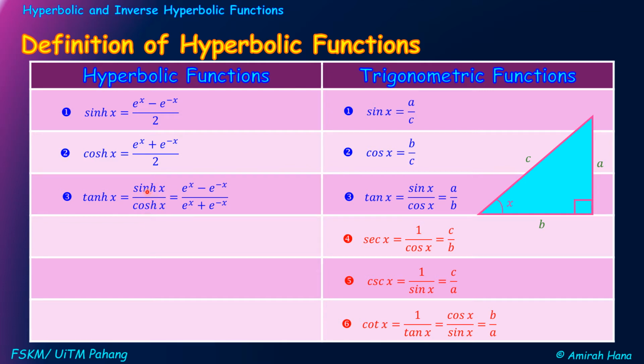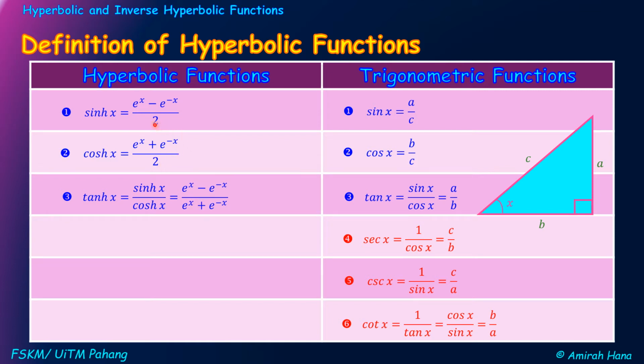And from sinh x here, we have e to the power of x minus e to the power of negative x over 2, and then over cosh x, e to the power of x plus e to the power of negative x over 2.